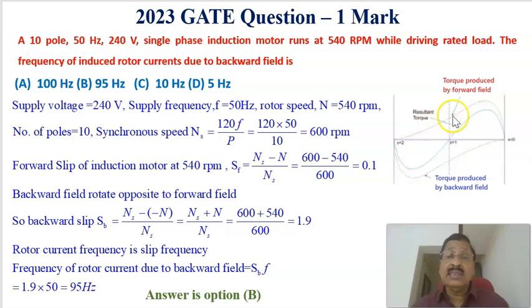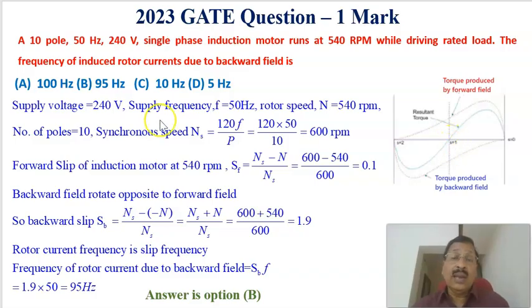This represents the torque slip characteristic due to the forward field, and this represents the torque slip characteristic due to the backward field. The summation of these represents the total torque slip characteristics, where the initial torque when S equals unity, or stationary, is equal to 0.